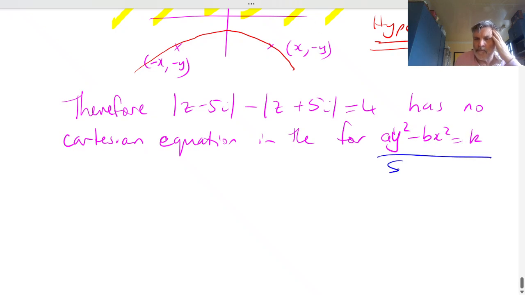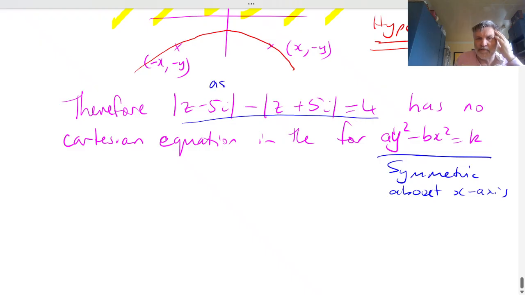This equation is symmetric about both axes, but the one that concerns us is the x-axis. This equation is asymmetric about the x-axis.